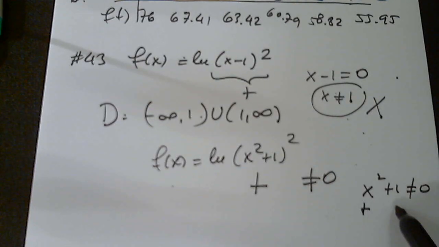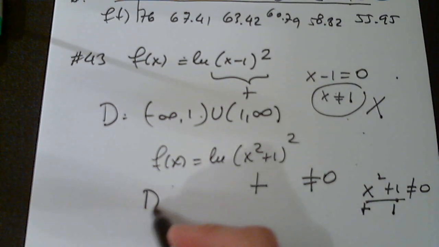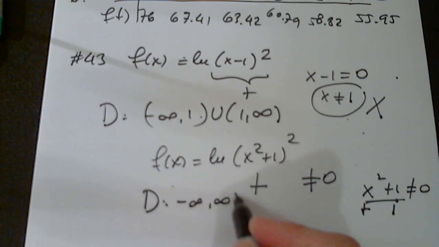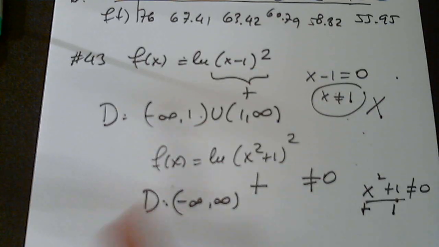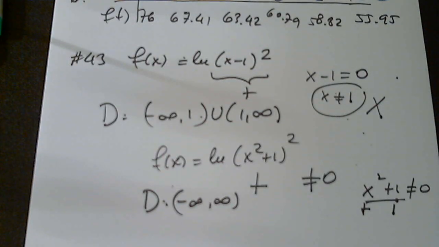This is positive plus 1, never 0. We know that this has imaginary solutions. So for this one, yes, the domain is everything, but not for this one because it can be 0. So this is a little bit tricky.